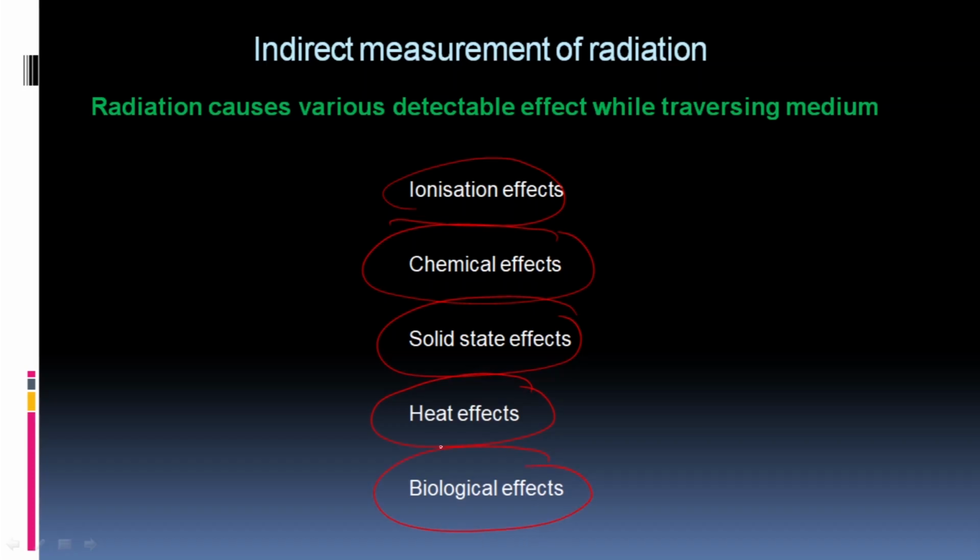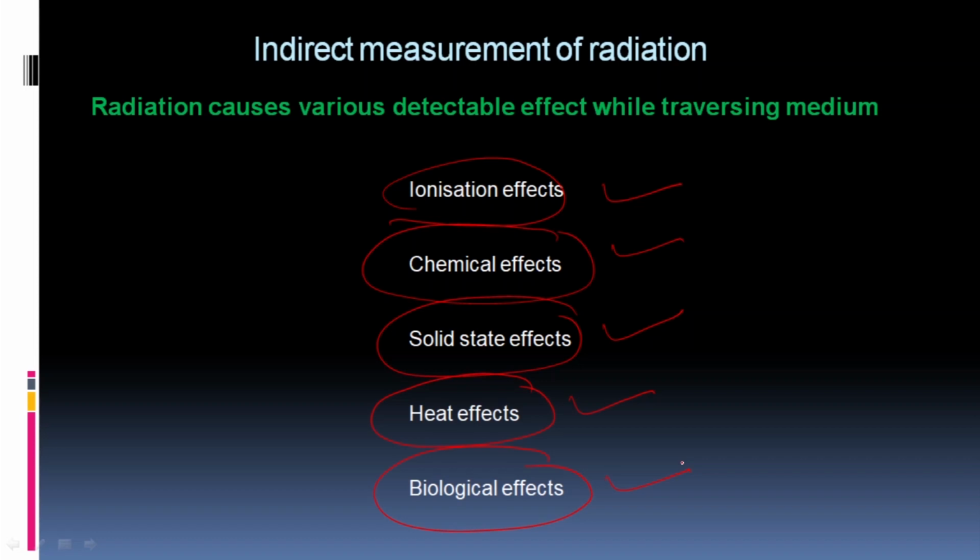So, we have ionization effect, chemical effect, solid state effect, heat effect, and biological effects. And according to these effects, various kinds of detectors have been developed to measure, to identify, to detect the ionizing radiations.